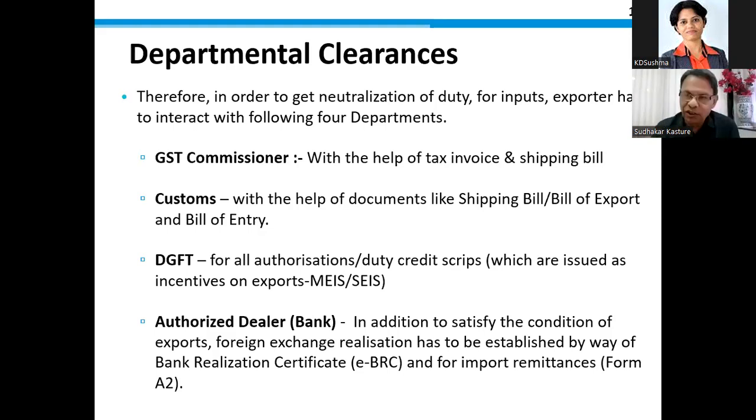Bank is confirming you exported the goods worth $10,000. $10,000 are received in the bank. Bank issues a certificate called EBRC, and based on the EBRC, you would be able to monitor your authorizations. That is how conceptually it goes.